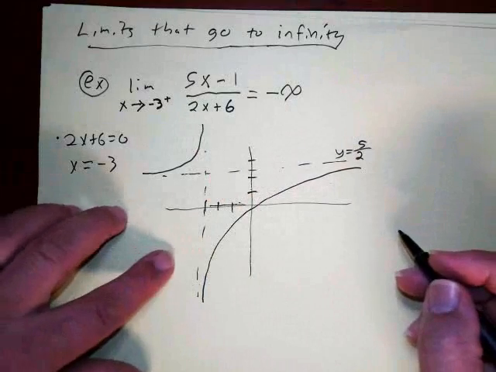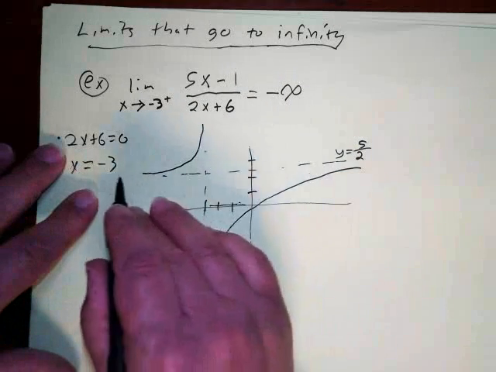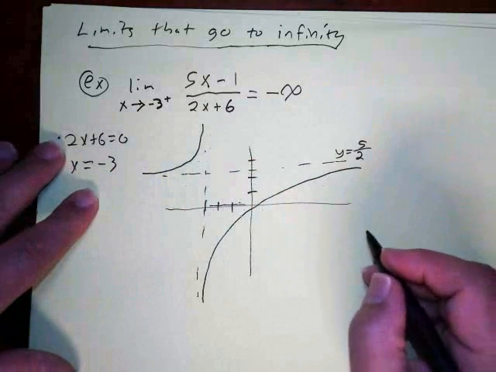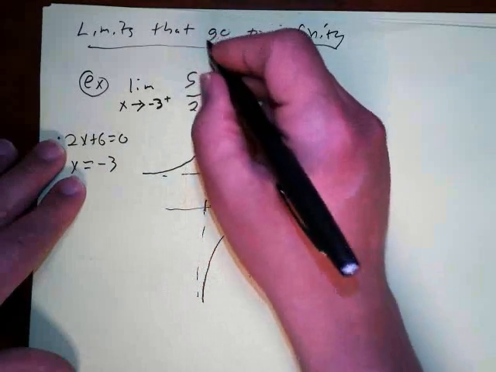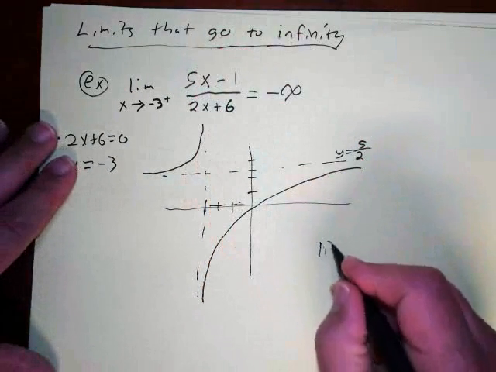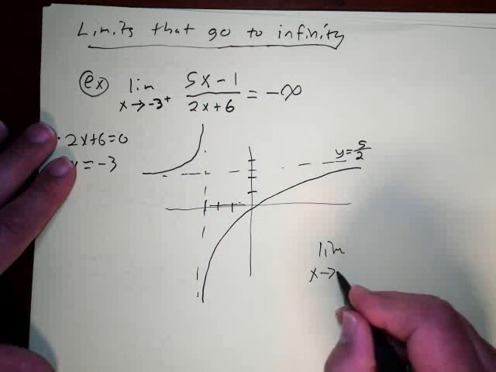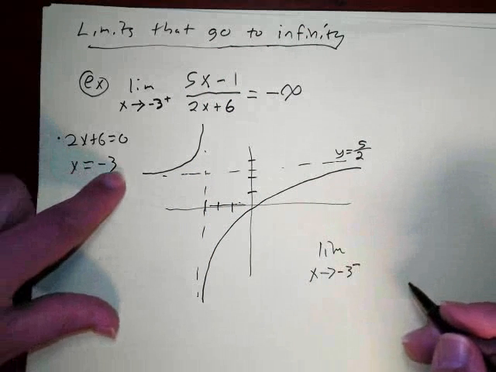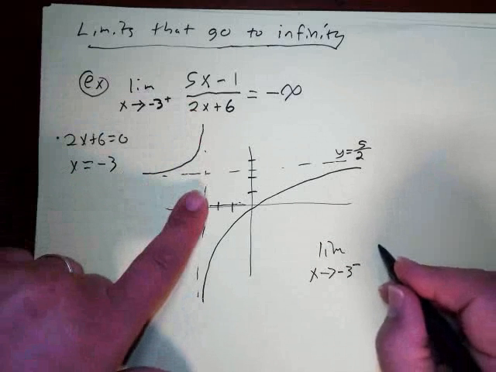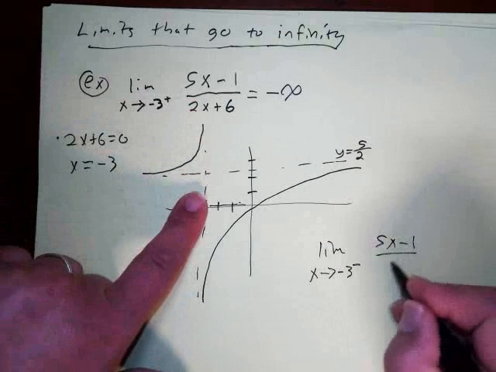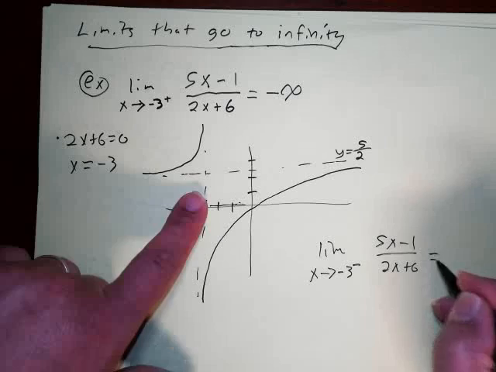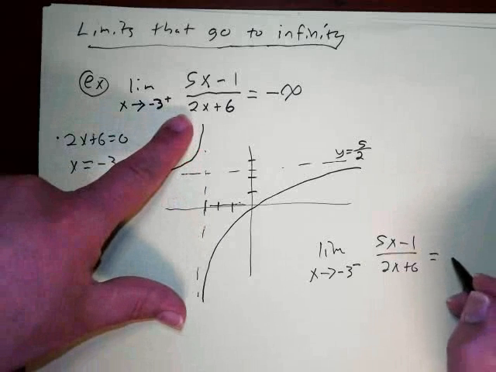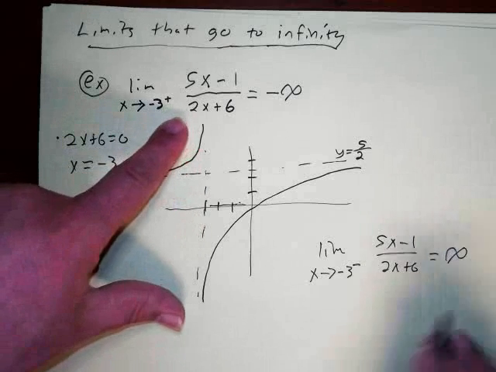Now, notice here, if I approach from the negative side, I would be going up to positive infinity. So I could write the limit as x approaches -3 from the negative side of 5x minus 1 over 2x plus 6, and this would equal positive infinity.